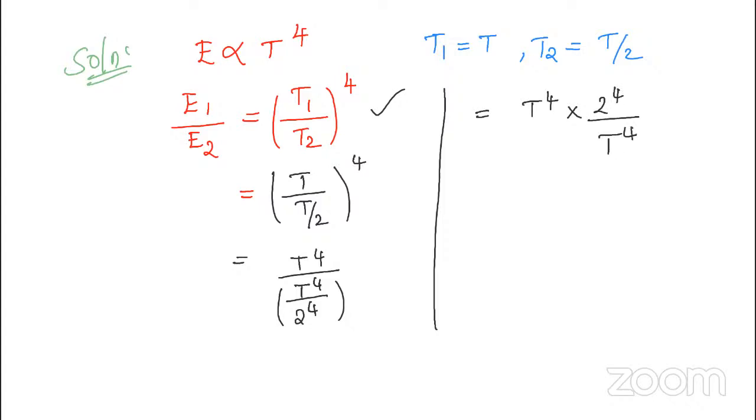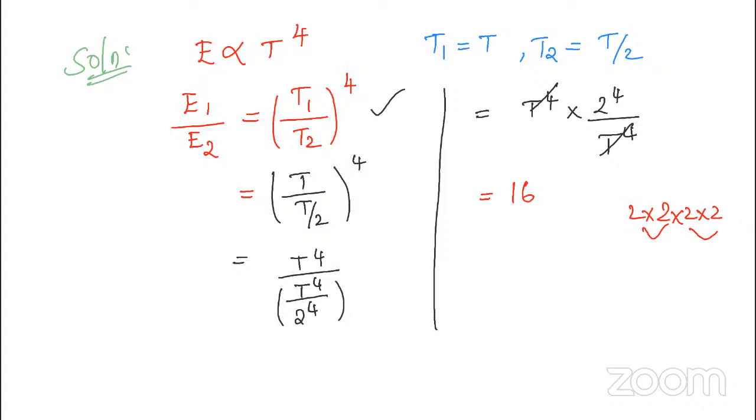We cancel T power 4 with T power 4. Then what will we get? 2 power 4, that is 2 into 2 into 2 into 2. What is it? 4 into 4, it is 16.